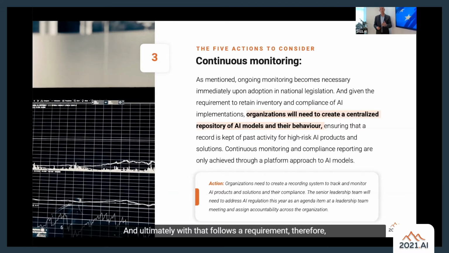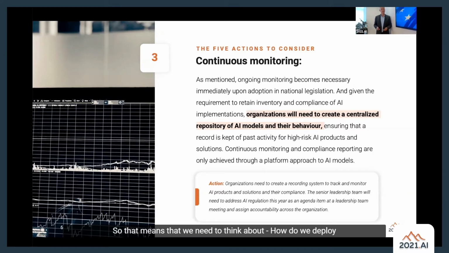And ultimately, with that follows a requirement, therefore, to understand whether or not those products contain machine learning environments, environments that now start to be part of and need to be defined in the context of the 3 risk levels that we saw earlier on.